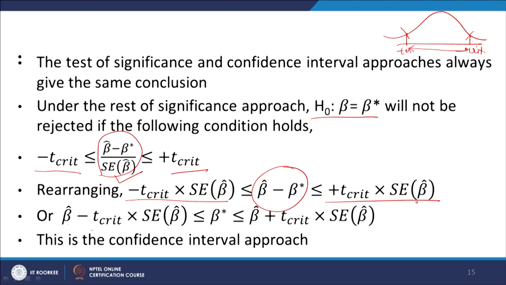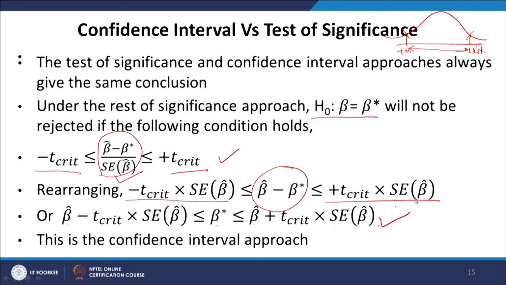So, beta hat minus T critical multiplied by standard error of beta hat, and beta hat plus T critical multiplied by standard error of beta hat, with beta star in the middle. This is the confidence interval approach. So, from the level of significance approach we can deduce the outcome of the confidence interval approach. That is why we say that they both give the same results.